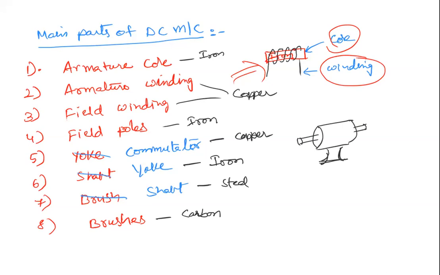For this, you must give a DC supply, then it will give you mechanical energy. If we give input, your shaft will rotate. Or if you rotate the shaft, or give mechanical power, it will give you electrical energy as output, or electrical power.